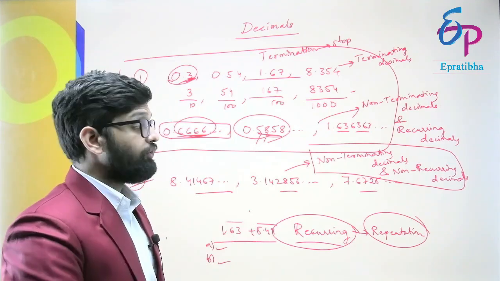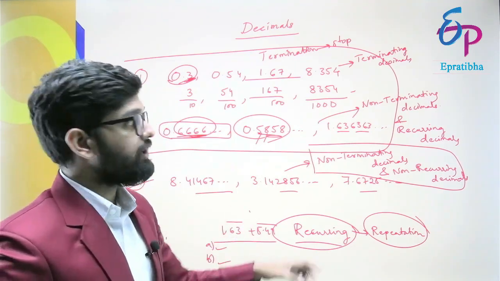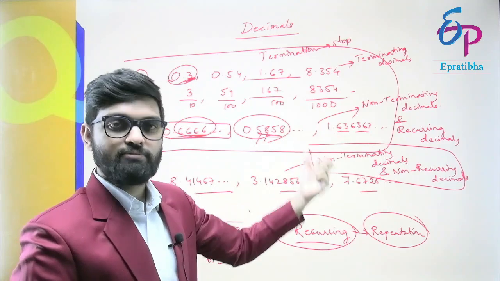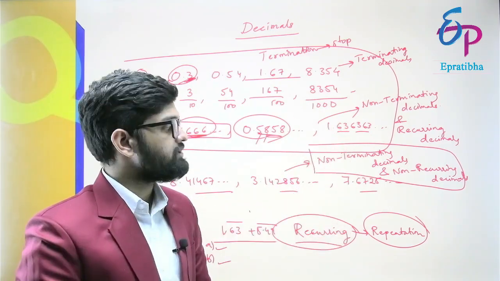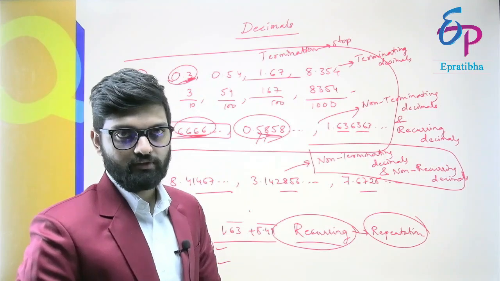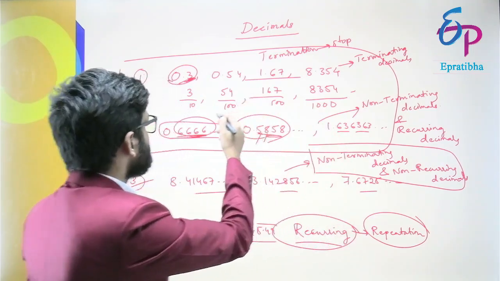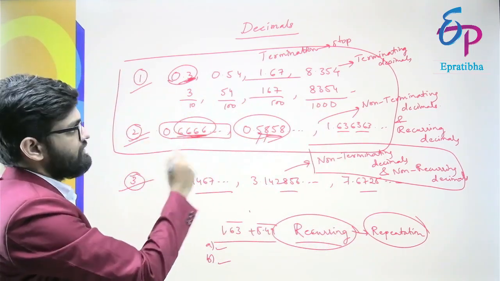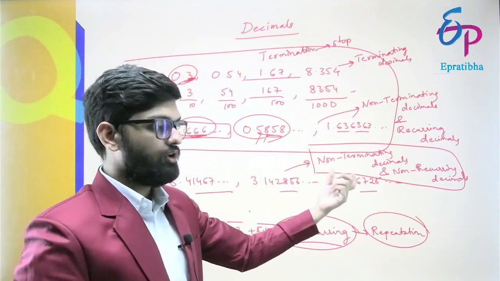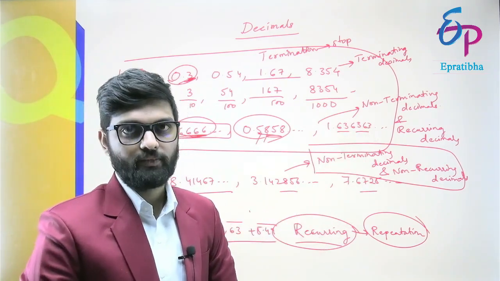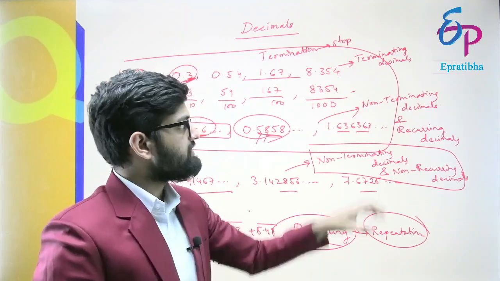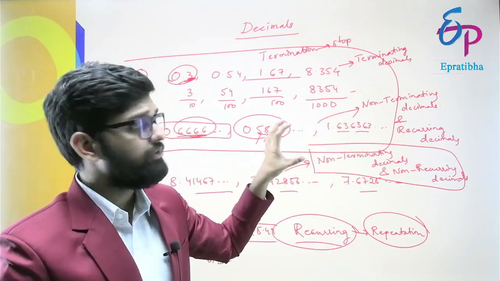To choose one of the options, you have to know the types of decimals, the meaning of termination, and the meaning of recurring as well. That is the reason why I have told you. So these are the 3 types of decimals: terminating, non-terminating recurring, and non-terminating non-recurring.